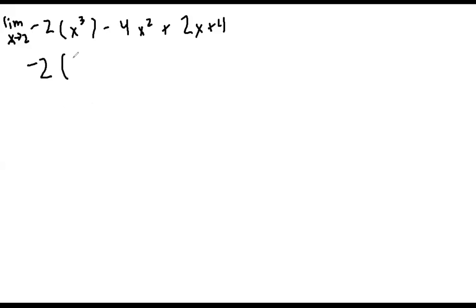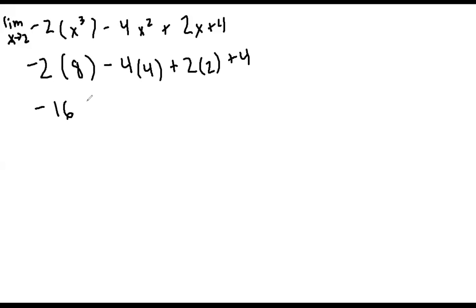So 2 to the third power is 8, minus 4 times 2 squared, which is 4, plus 2 times 2, plus 4. So negative 2 times 8 is negative 16, and negative 4 times 4 is negative 16.